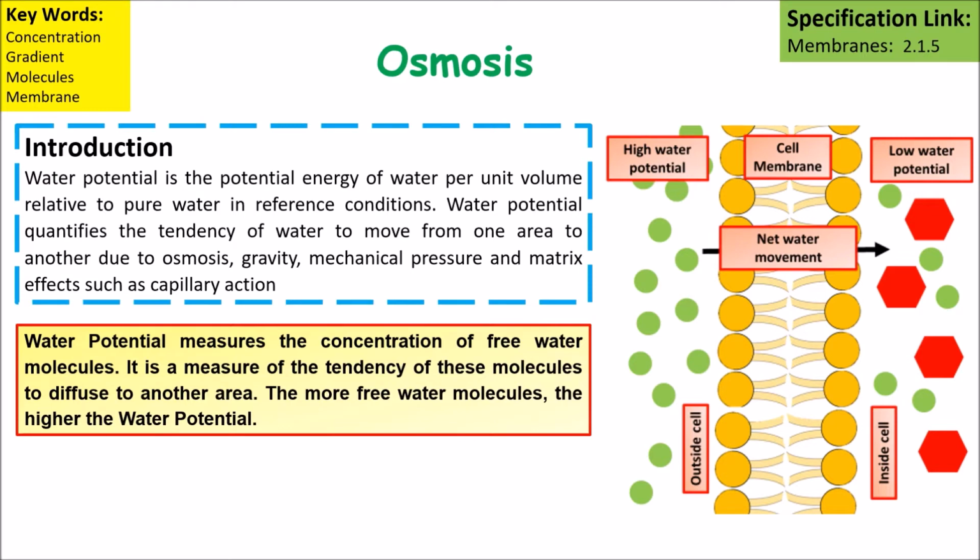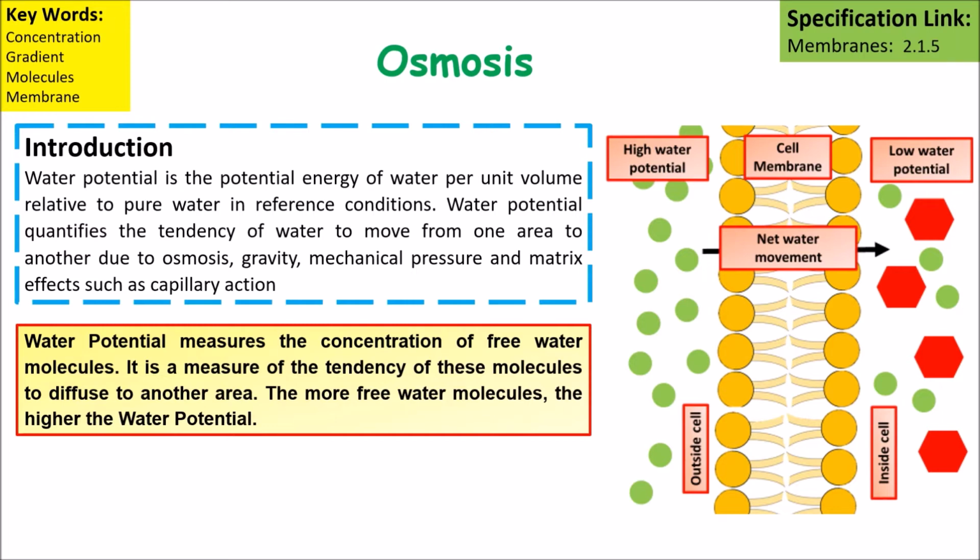Water potential is the potential energy of water per unit volume relative to pure water in reference to its conditions. Water potential quantifies the tendency of the water to move from one area to another due to osmosis, gravity, mechanical pressure and the matrix effects such as in capillary action.